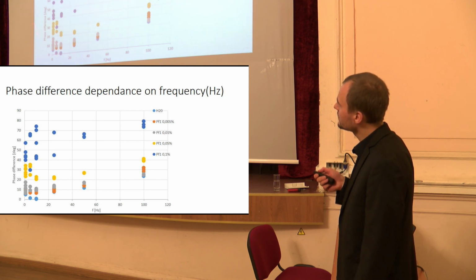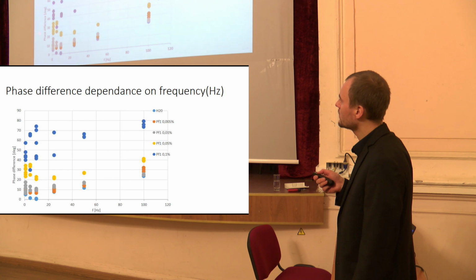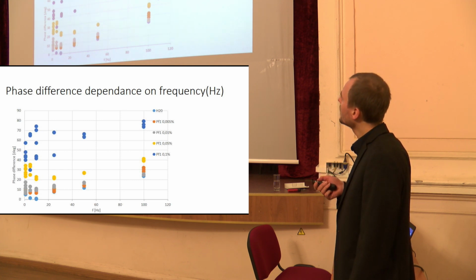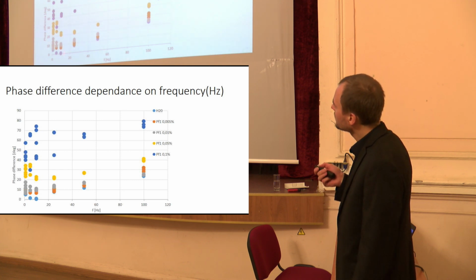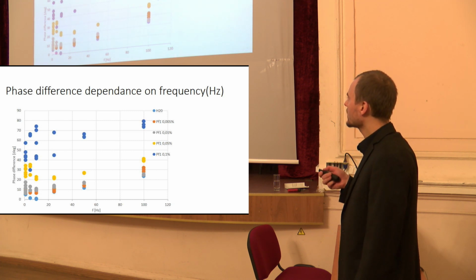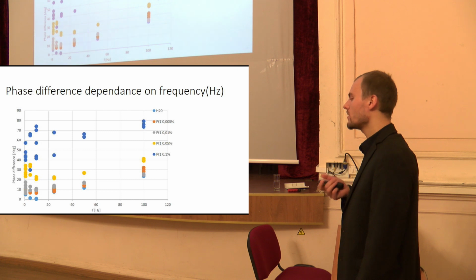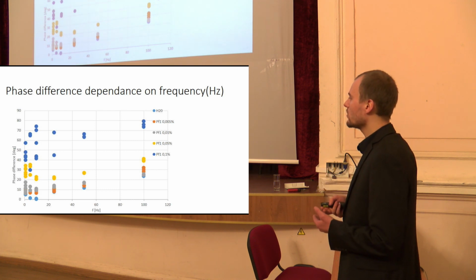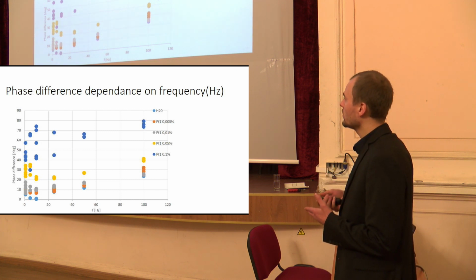On the y-axis is the phase difference in degrees. So here are 0 degrees and here are 90 degrees, and on the x-axis we see the frequency at which we oscillated the piezo table.